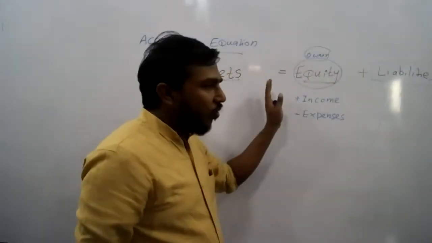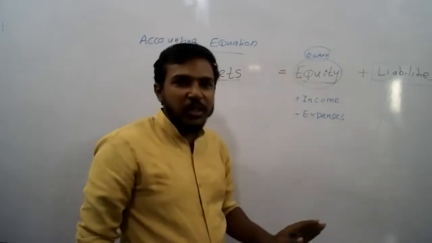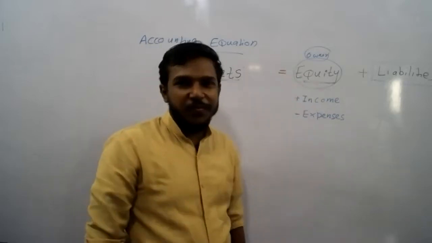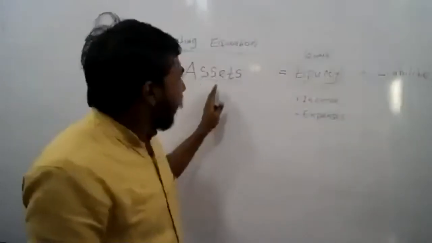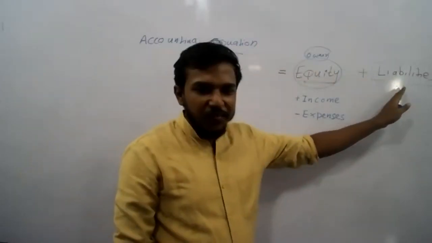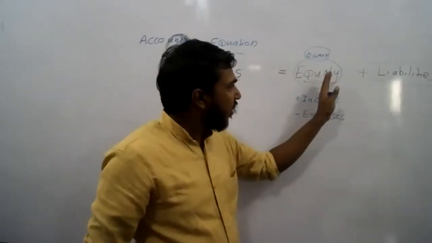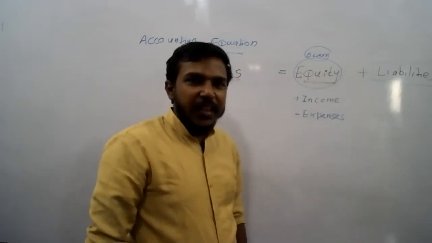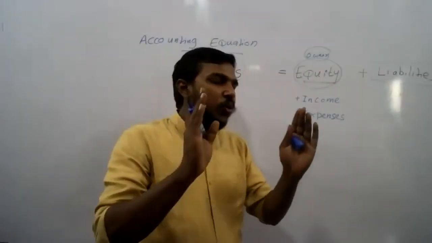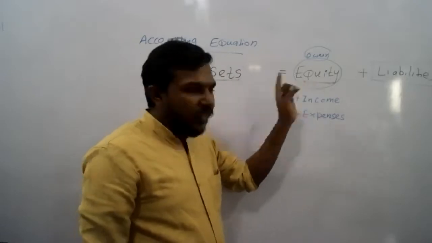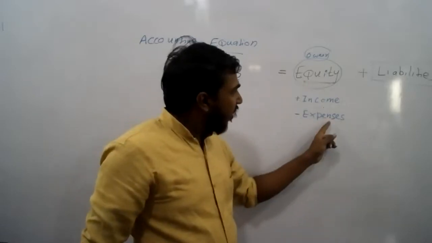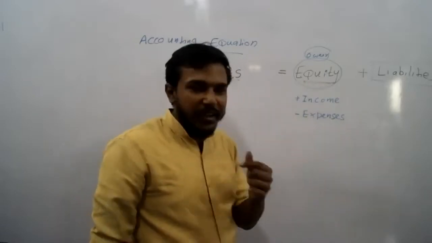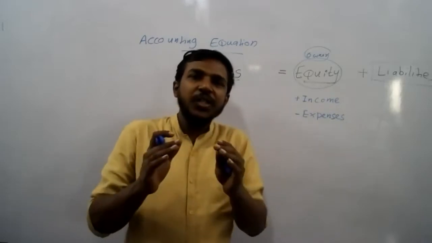Assets equals equity plus liabilities. Then if there is any income, you're supposed to add it to the equity. Then if there are any expenses, you're supposed to subtract them from equity. So that's how we arrange the 5 elements.